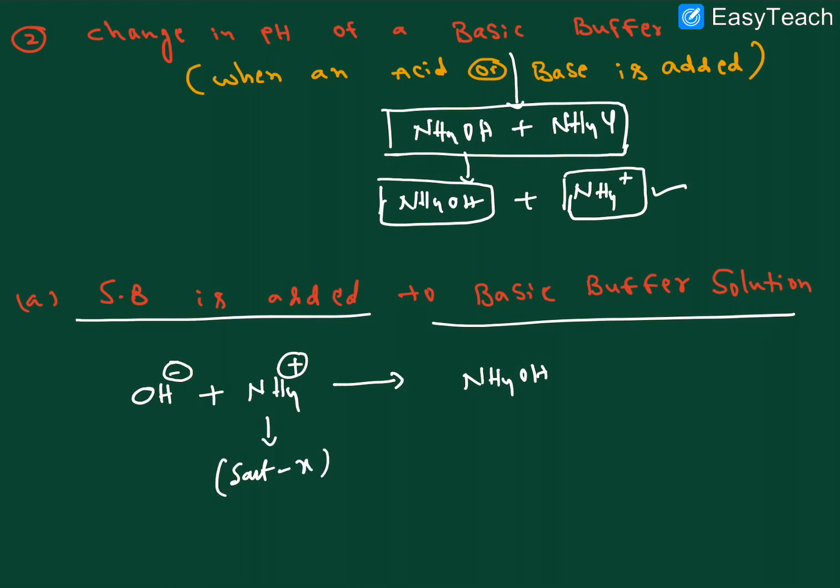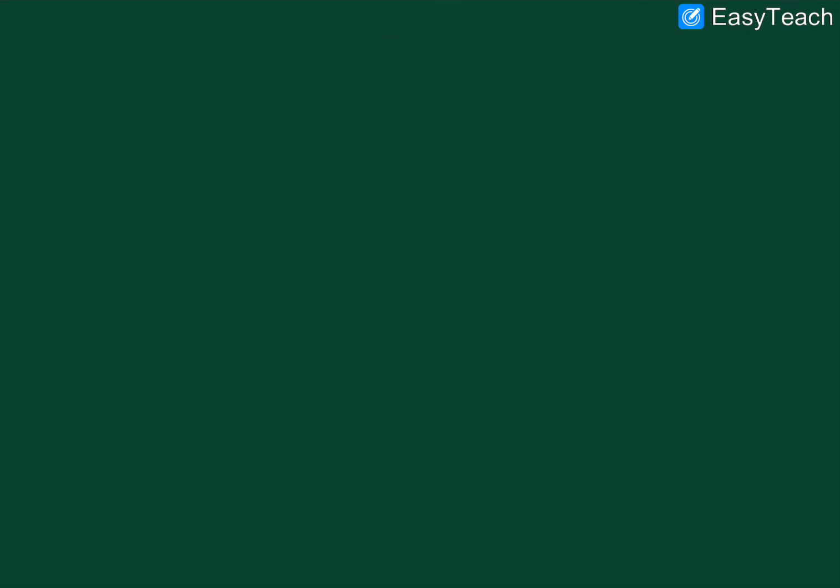So this is the salt of ammonium, and it decreases, so this is salt minus X. Here the base concentration increases, so base plus X. So we have to take these concentrations in the formula we derived for the pH calculation, right?